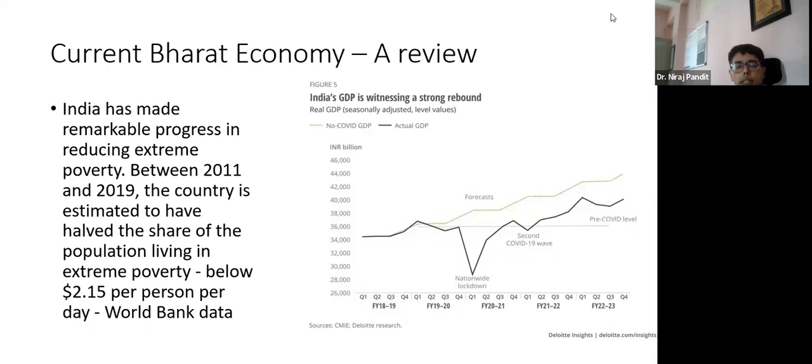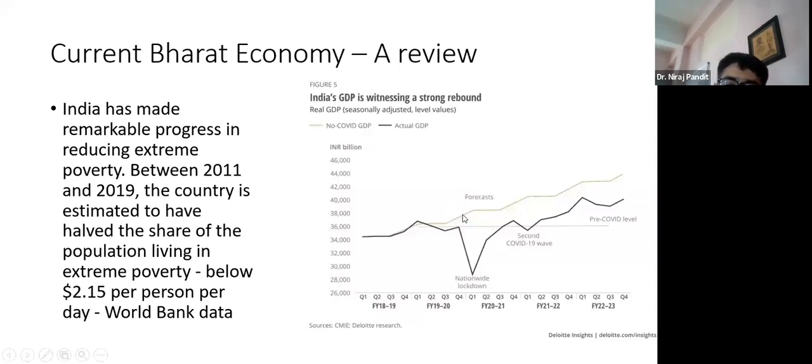On the other side, look at India's economic growth story from 2018 to 2023. In between there is one dip because of, as you all know, the national lockdown due to COVID, and suddenly the growth dropped. But see how fast we recovered post COVID. There are two forecasts you can see here.